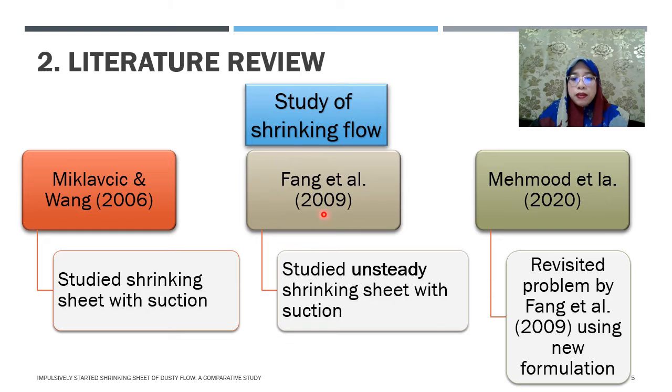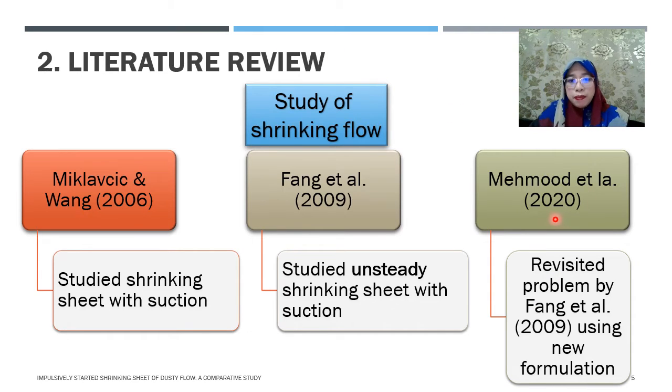Such as in 2009, Fang et al. studied the unsteady case for the shrinking flow. And then in 2020, Mahmoud et al. revisited this problem by Fang using a new formulation.